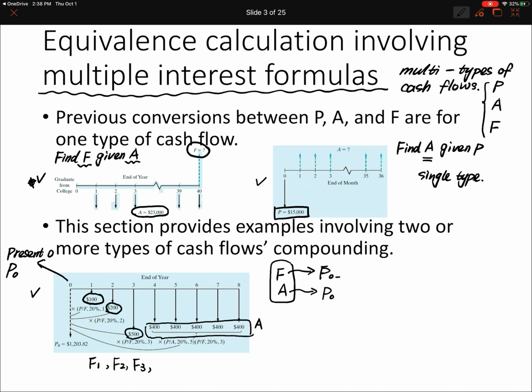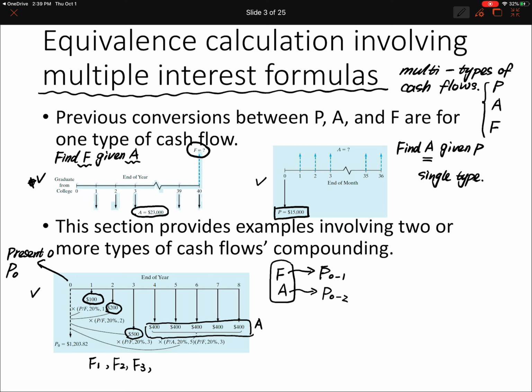The present value from the future values, which is F1, F2, F3, we can say that's the first part of that present value. And the part of the present value converted from the annuity is going to be the second part.